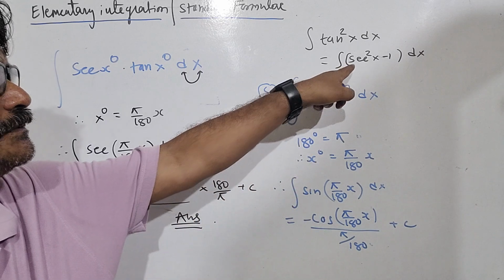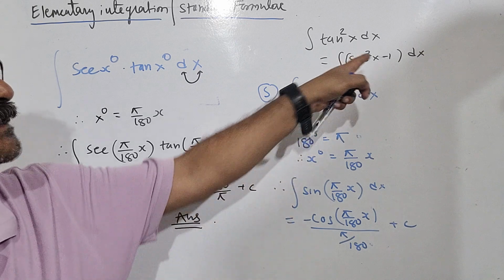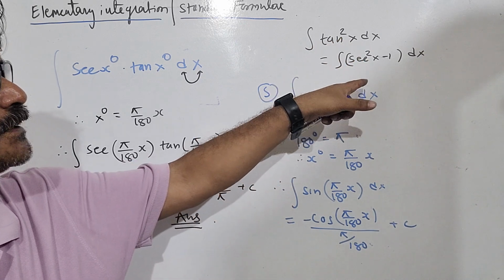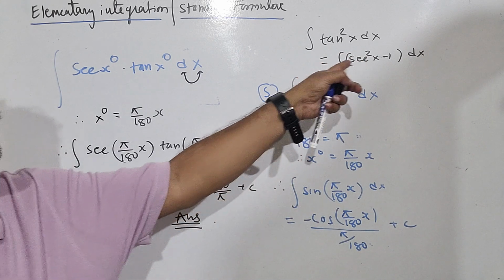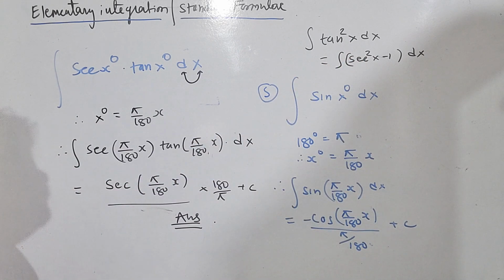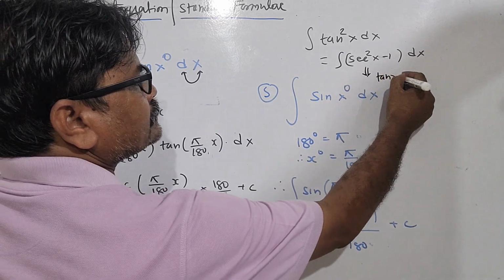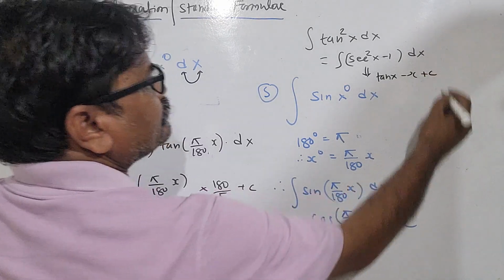I know that I can easily find out the integration of sec square x and minus 1. Correct? Okay. And by trigonometry, I know that 1 plus tan square x equals sec square x. Therefore, tan square x is sec square x minus 1. So the integration of tan square x, I know that is tan x, minus the integration of 1, which is minus x, and of course plus c.